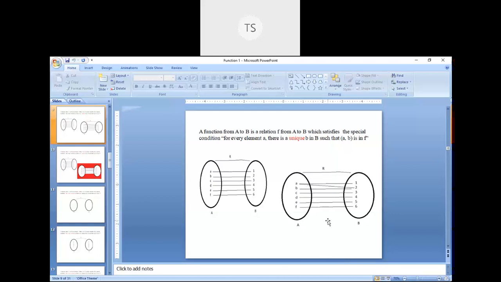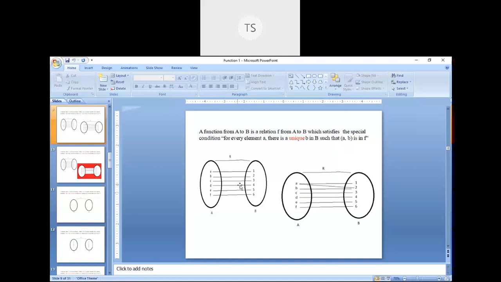No, because a has two images, 1 and 2. Sometimes a may have three images also. With one image, two images, three images, or four images, we cannot say that a has a unique image.